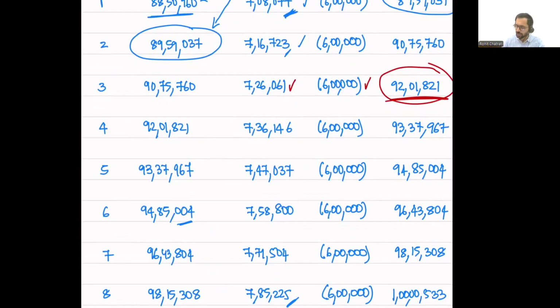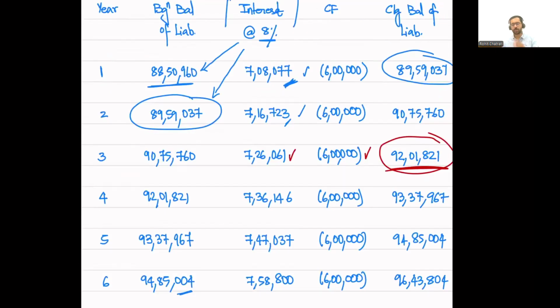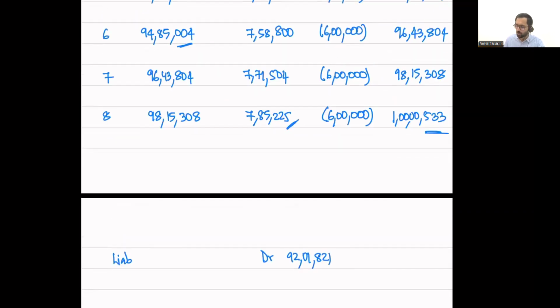So the first part of the journal entry will be debiting the liability by 92 lakh 1,821. The liability had a book value of 92 lakh 1,821. Just like, let's say, when you sell a fixed asset, you credit the fixed asset at its book value. Over here also, we are no longer having a liability. Therefore, we are going to debit the liability of 92 lakh 1,821.